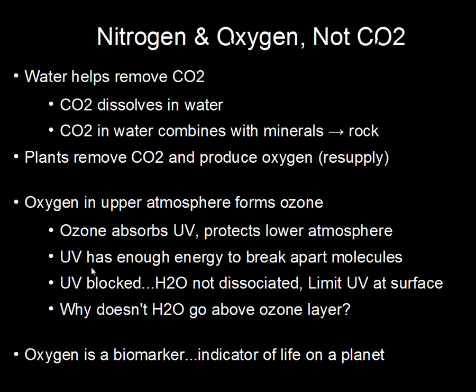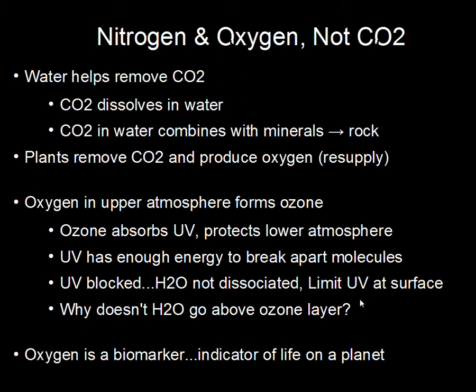So we are protected from having our water molecules dissociated and then losing hydrogen to outer space. This ozone layer limits the amount of ultraviolet light at the surface. You know, you need to put on sunblock when you're being exposed outside for significant amounts of time. There is still ultraviolet light that comes through the ozone layer, but there'd be much more if the ozone layer was not there.